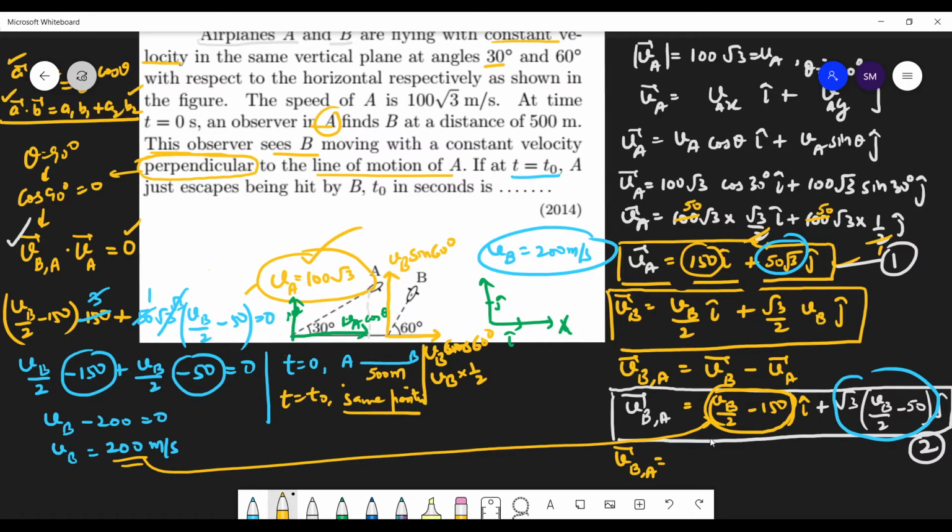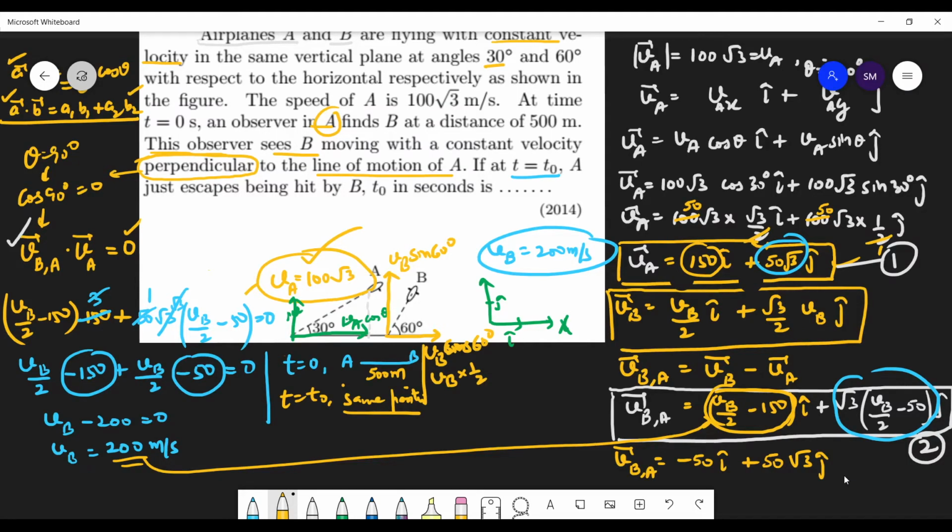That will be equal to 200 divided by 2, which is 100. So 100 minus 150, that is minus 50 I cap, plus, 200 divided by 2 is 100, 100 minus 50 is 50, 50 root 3 J cap. So that's VBA.